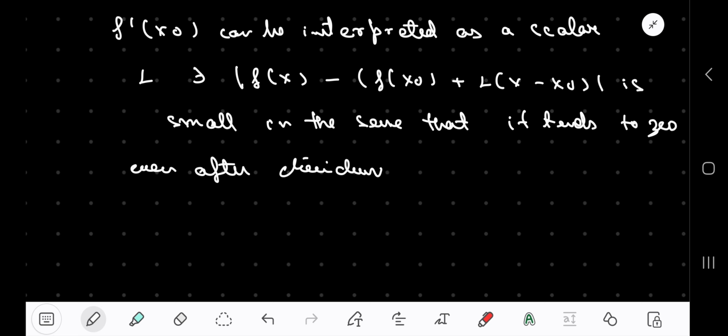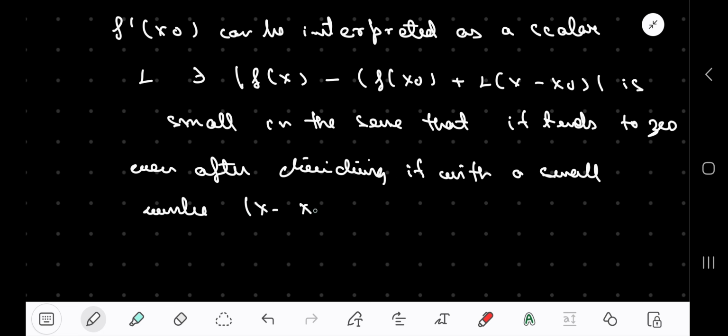What is that small number? It is the modulus of x minus x naught.